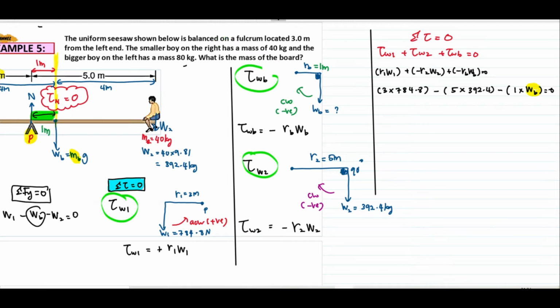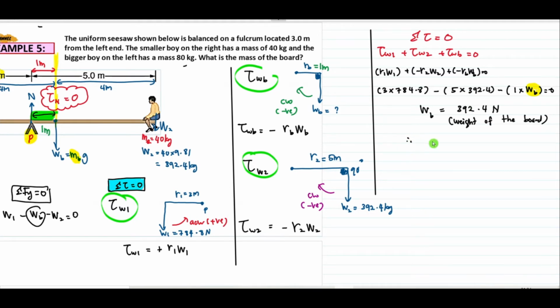Alright. So, cuba kira. So, you akan dapat WB is equal to 392.4 Newton. And remember, this is the weight of the board. Saya sebut beam tadi kan, board. Okay, tapi soalan suruh kita cari mass of the board, bukan weight of the board.